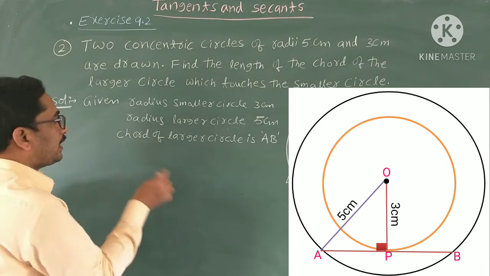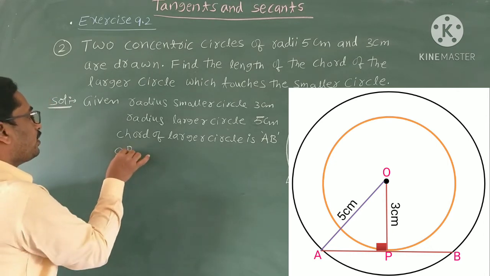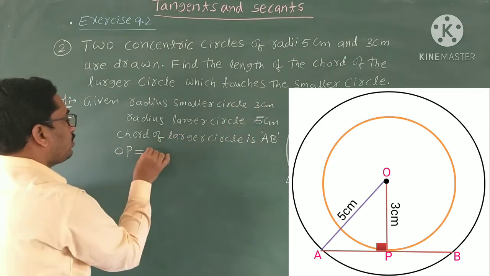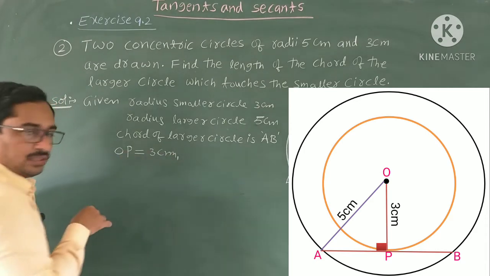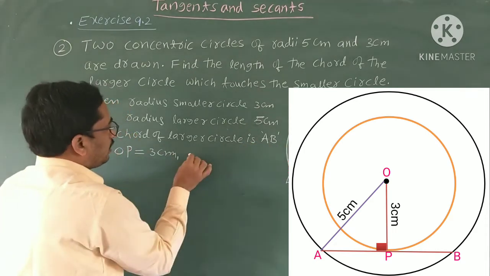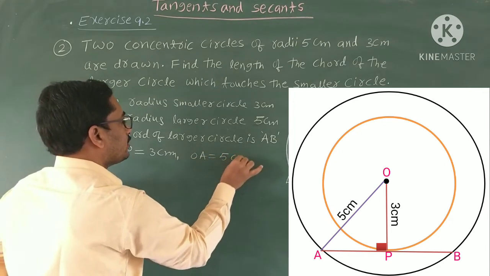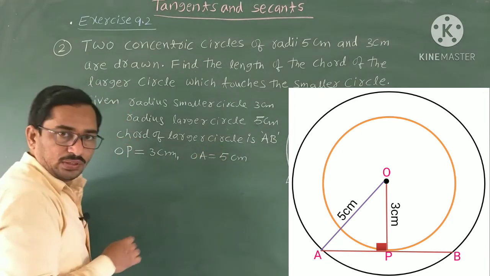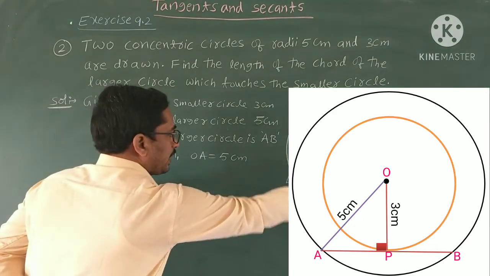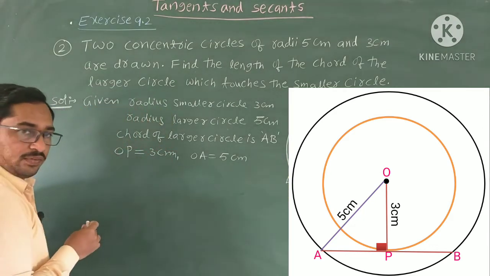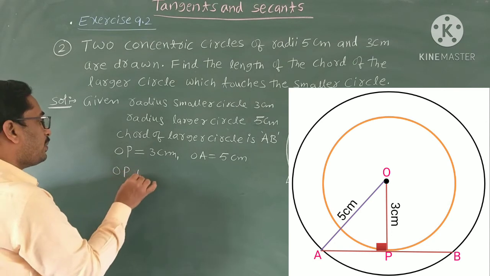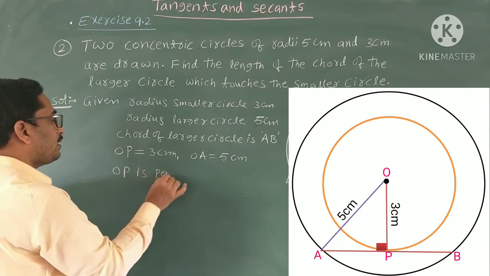Next, write the values. OP equals the radius of the smaller circle, OP equals 3 centimeters. Radius of the larger circle OA equals 5 centimeters. And OP is a perpendicular bisector of AB.